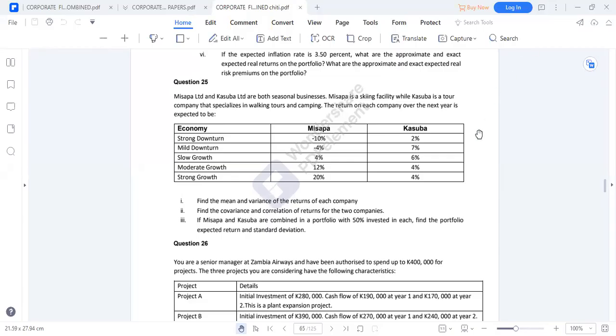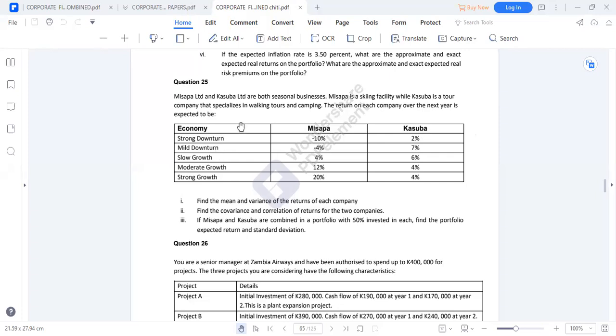Risk and return. So this topic basically analyzes stocks to calculate the expected returns as well as the variance and standard deviations of assets.